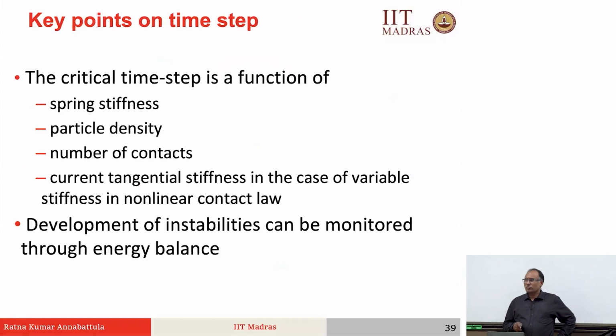So, the critical time step that we are talking about is a function of the spring stiffness, particle density, number of contacts, and current tangential stiffness in the case of variable stiffness in a non-linear contact law, right. Individual particle density will not change. You are talking about assembly density, but it does not depend on assembly density. We are only talking about the individual particle here.